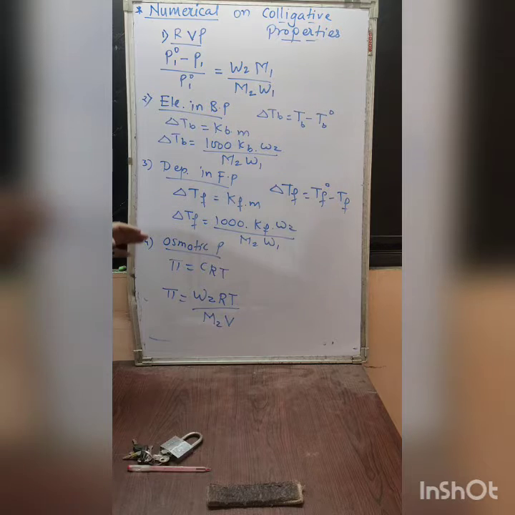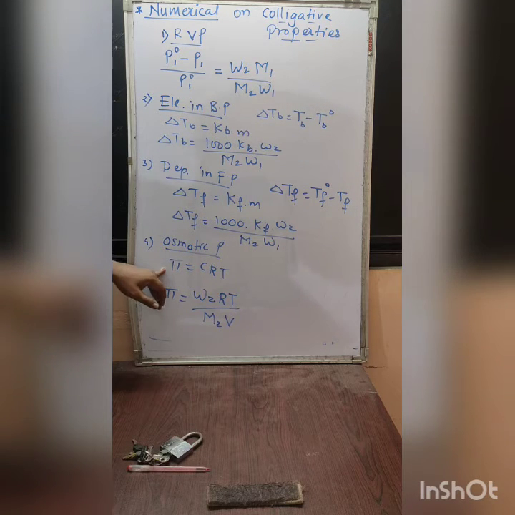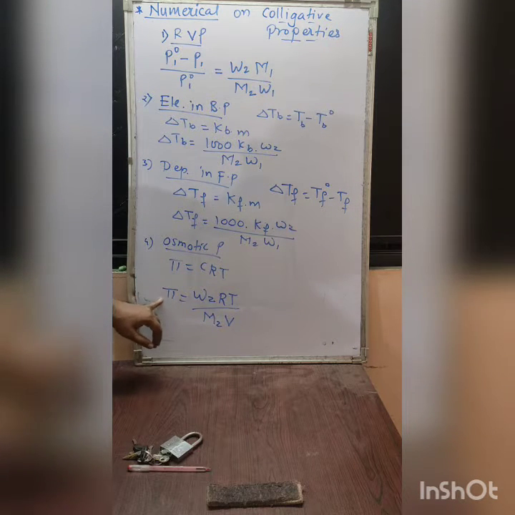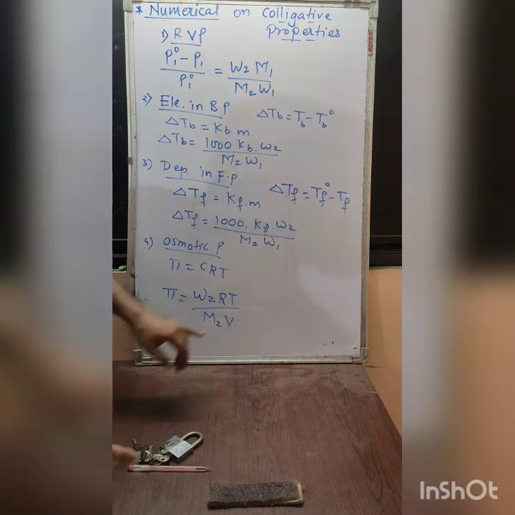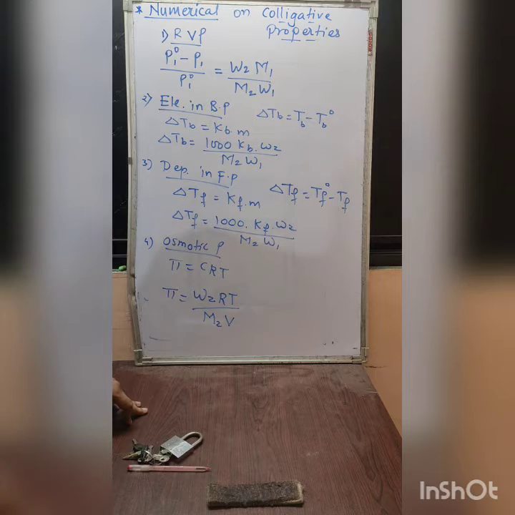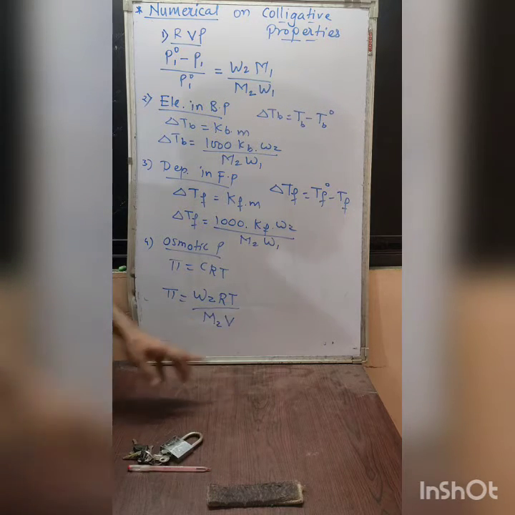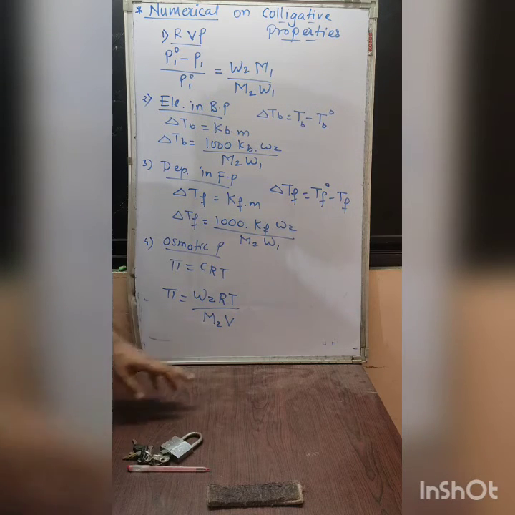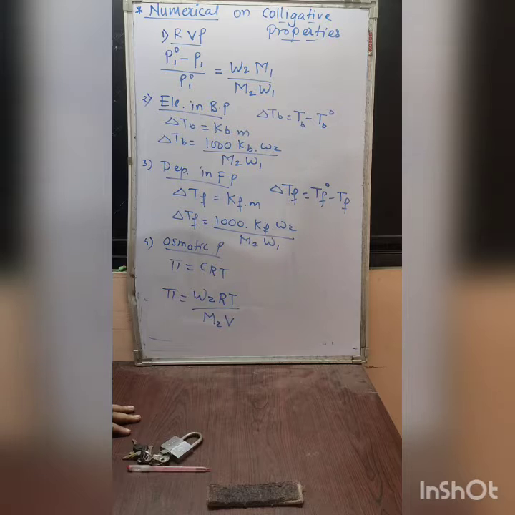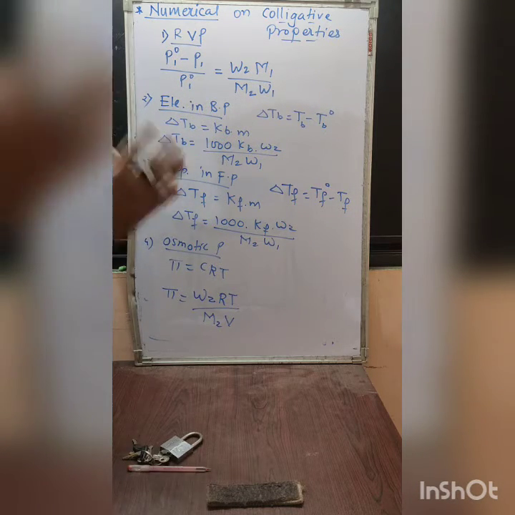Here pi is called the osmotic pressure, W2 is the mass of the solute, R is the solution constant, T is the temperature taken in Kelvin, M2 is again the molar mass of the solid, and V is the volume of the solution. So these are the formulas used for the numericals, and we will discuss them one by one.